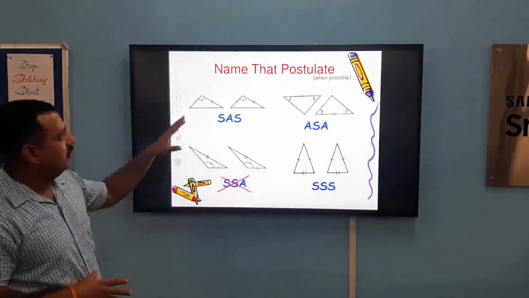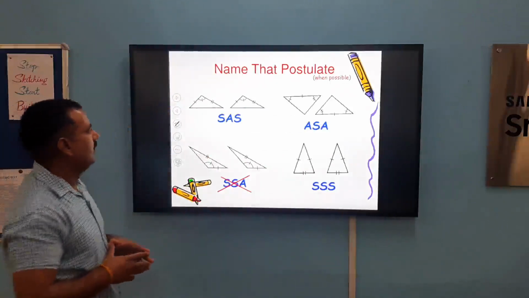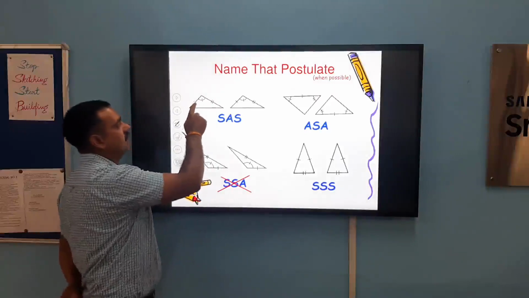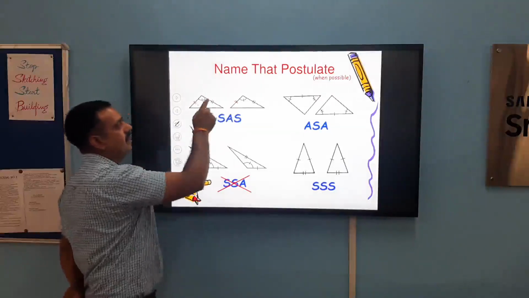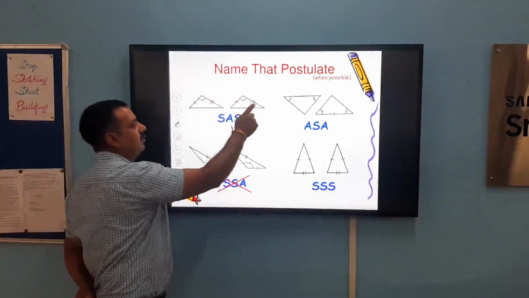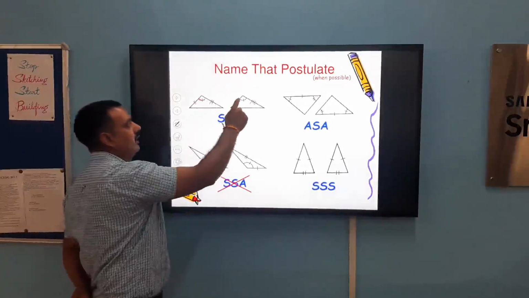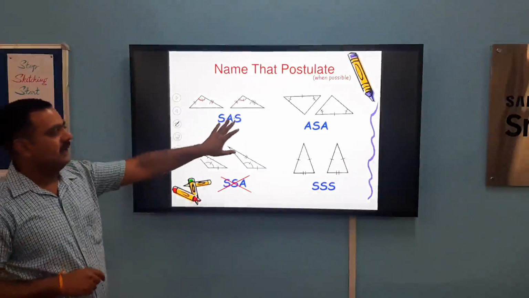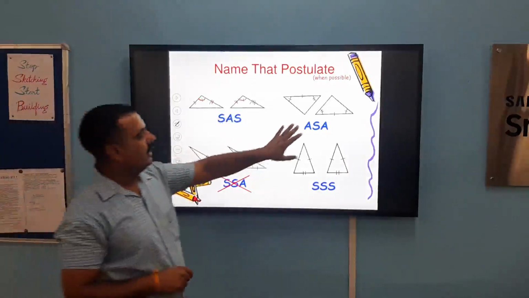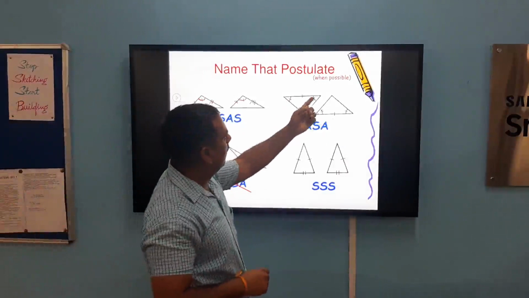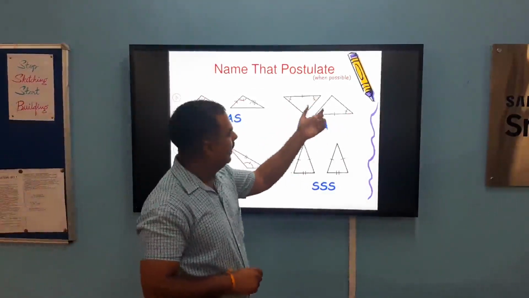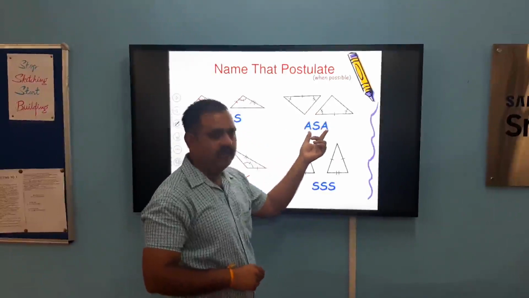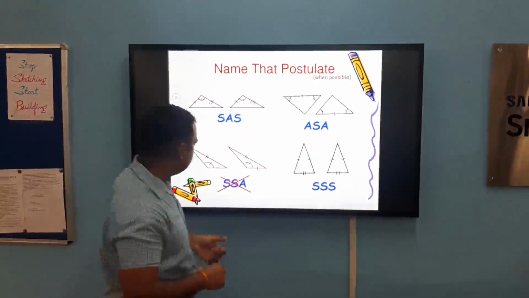Now name that postulate when possible. Let us take this first example. In this example, one side is equal to another, the second side is equal to the second, and one included angle is equal, so the postulate is SAS. Similarly, in this figure, two angles are equal and the included side is equal, so the postulate is angle side angle.